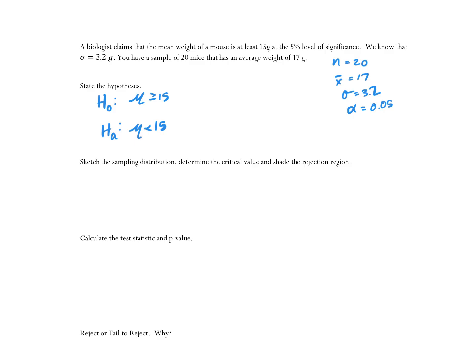All right. Next, I want you to do this next step of sketching the sampling distribution, shading the rejection region, and finding the critical value.